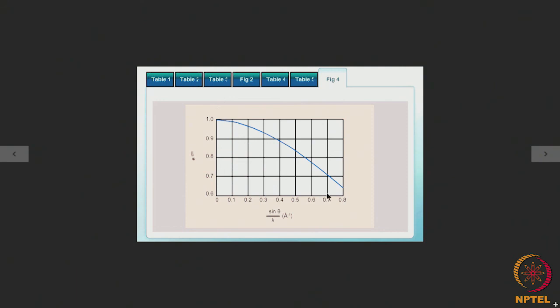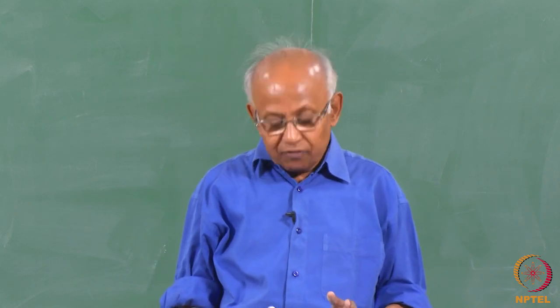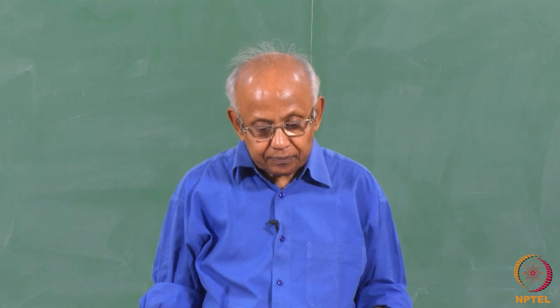Naturally, for any line we first calculate sine theta by lambda, and for the corresponding value you can find out what should be the value of the temperature factor. So, using all these different tables we can find out the value of R for the chosen lines from the martensite and the austenite phases.